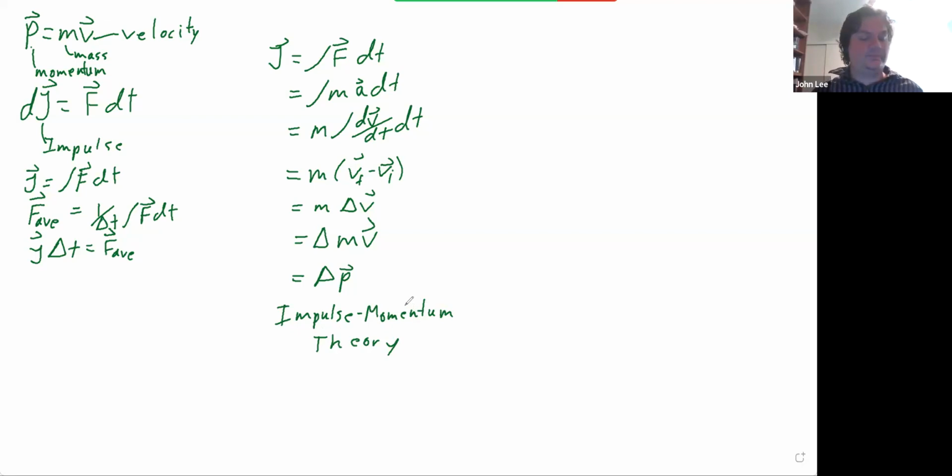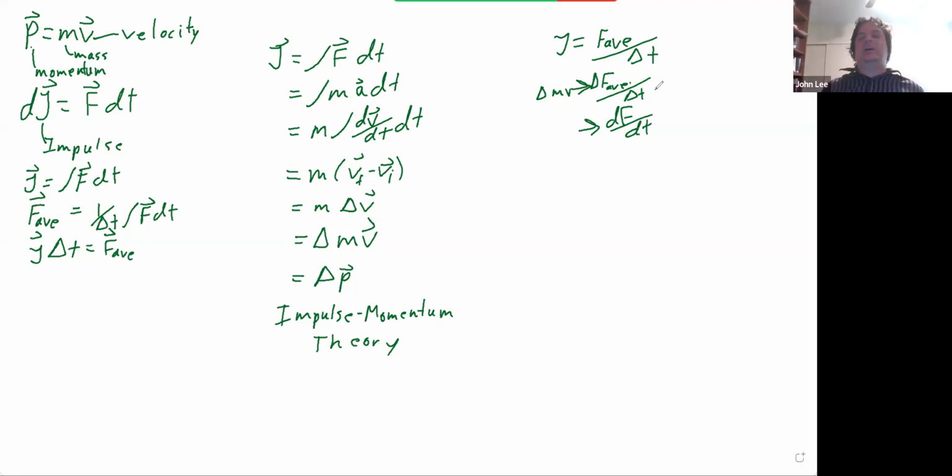And while we're at it, because J equals F average delta t, then this goes to delta mv equals F average delta t.